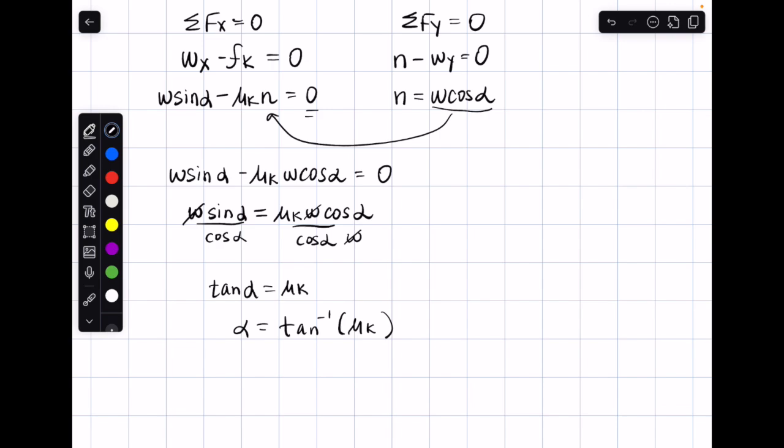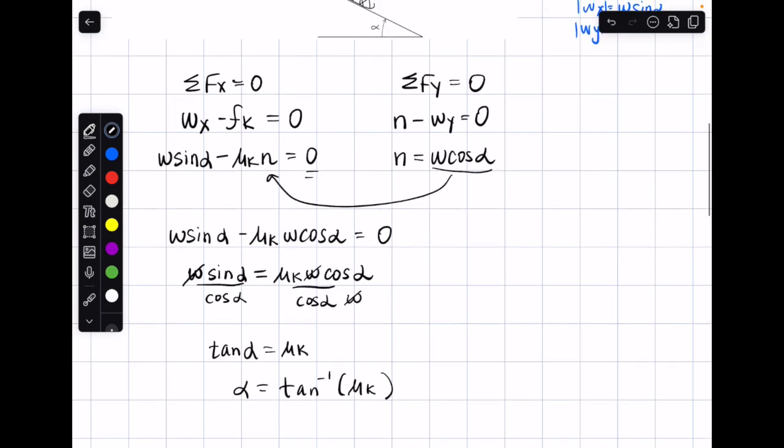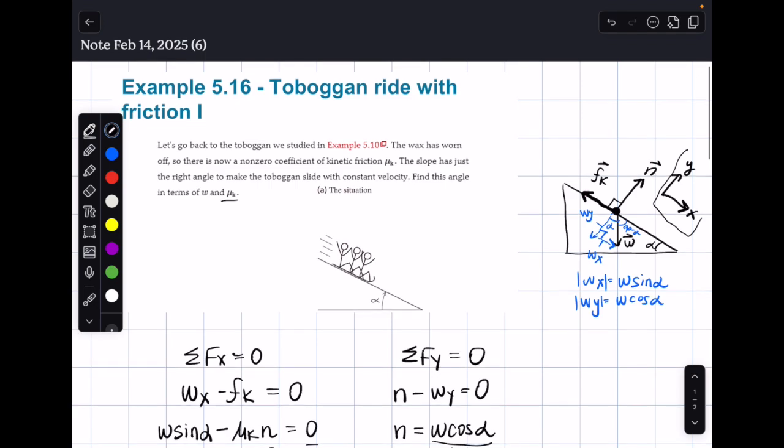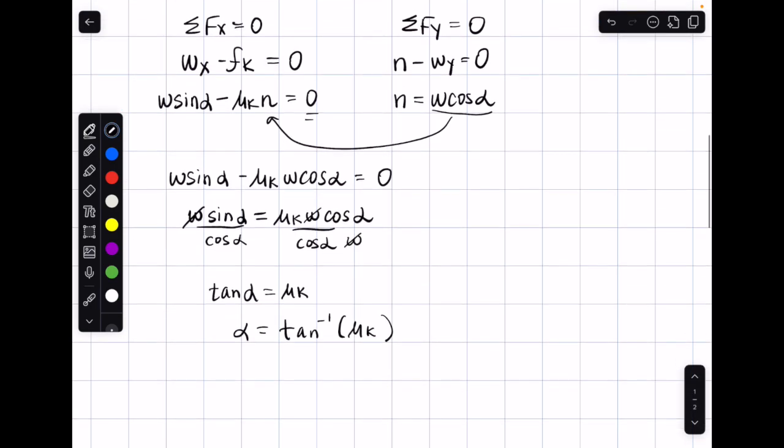So the angle that this incline is at, let's not say that, right? Because obviously the angle that you're sliding on is not something that's variable. What's variable is the coefficient of friction. And so the coefficient of friction is dependent on the angle that you're sliding at, okay?